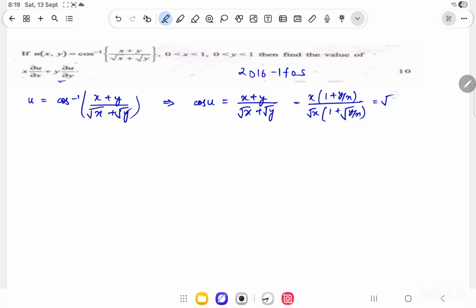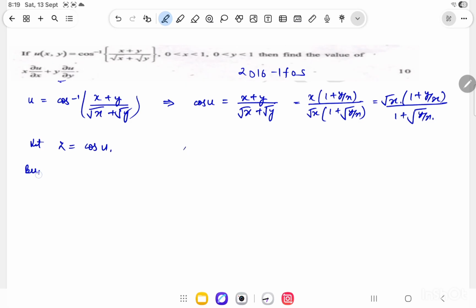So this will be equal to under root x into 1 plus y by x divided by 1 plus under root y by x. So you can observe that cos u is basically a homogeneous function and its degree is 1 by 2. So let us assume that z is equal to cos u.